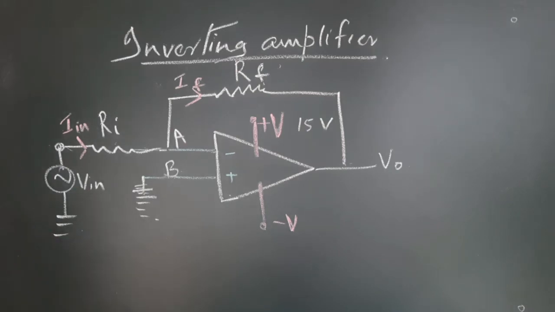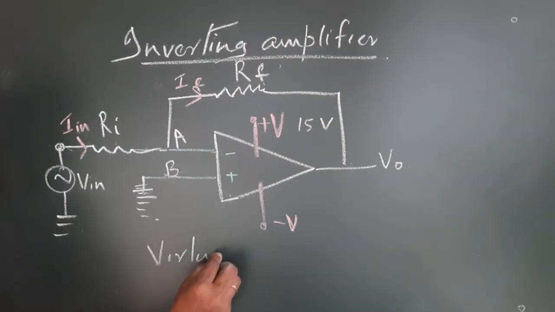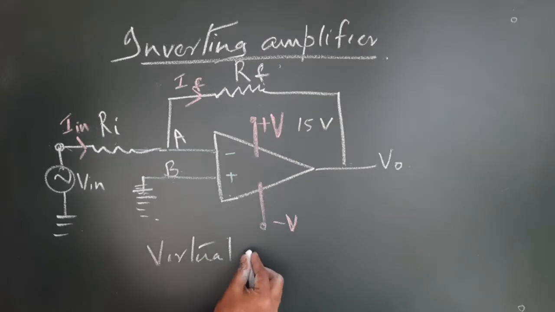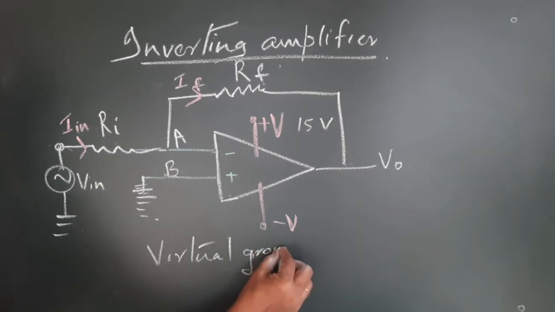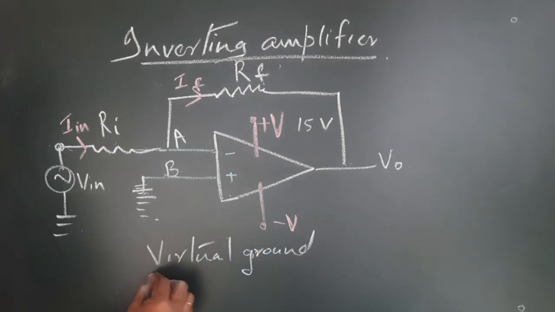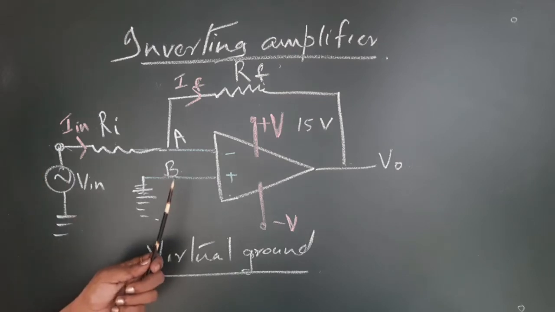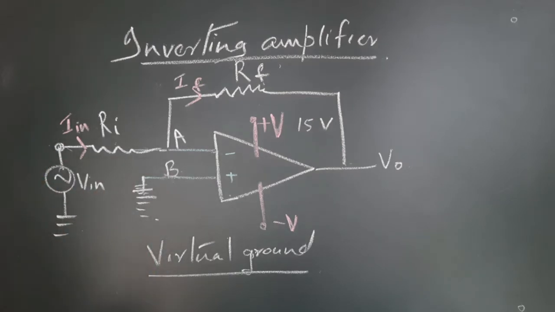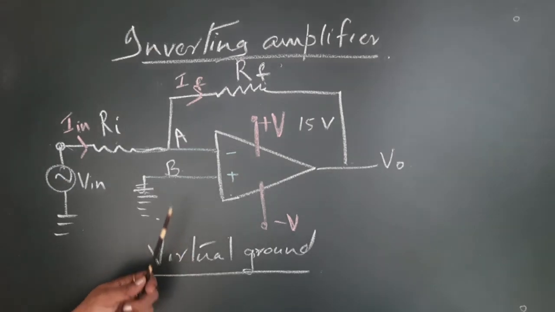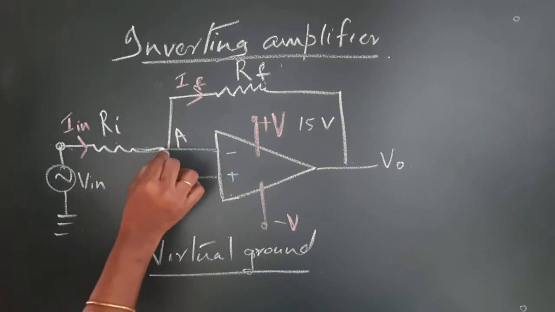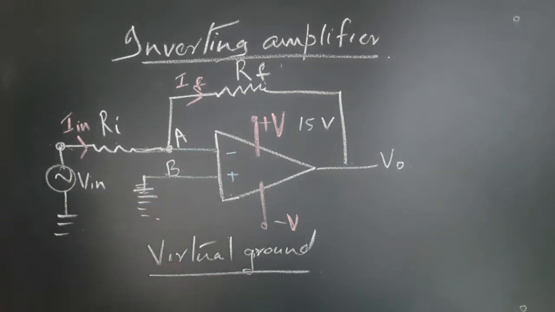One interesting concept that you should understand for the working of op-amp is a new concept called virtual ground. This is a very interesting concept and it is a must for understanding the operations of op-amp. This point A is in fact known as virtual ground.